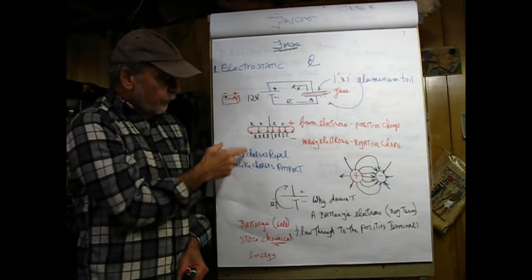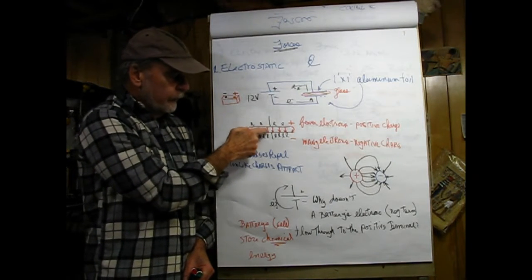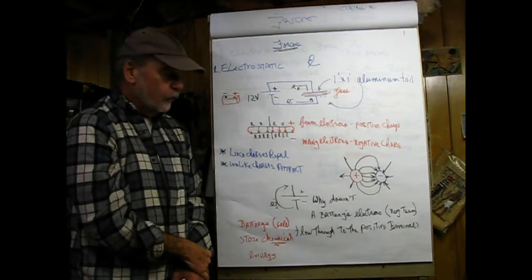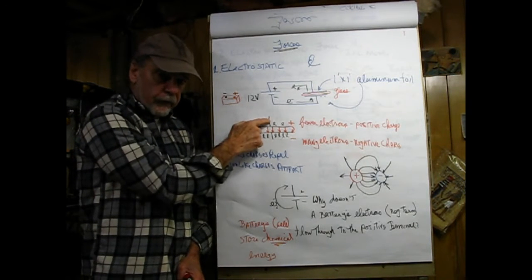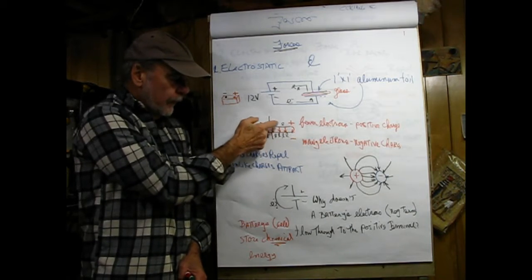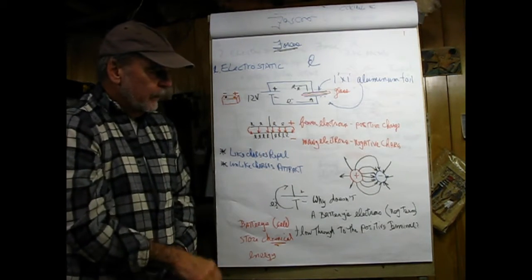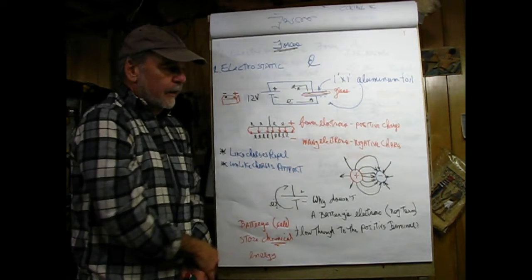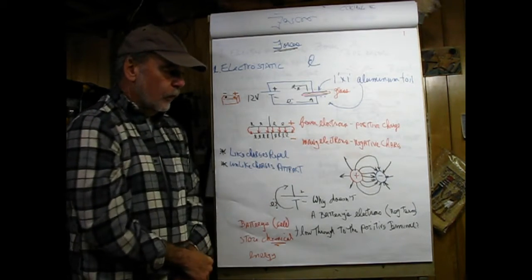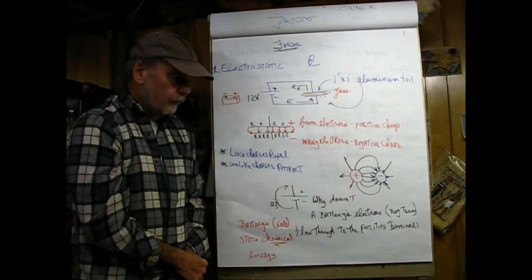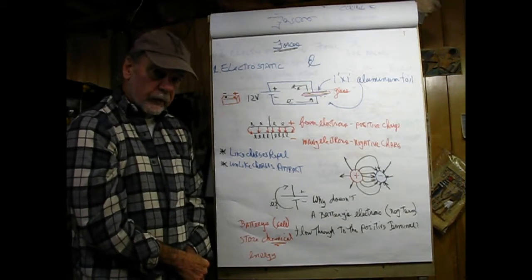The force I'm referring to, electrostatic force, indicates lines of force, and they start at the positive side of this capacitor and go to the negative side. So fewer electrons represent a positive charge, and many electrons represent a negative charge in this particular example.